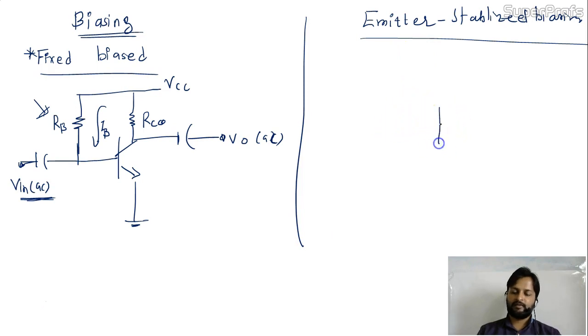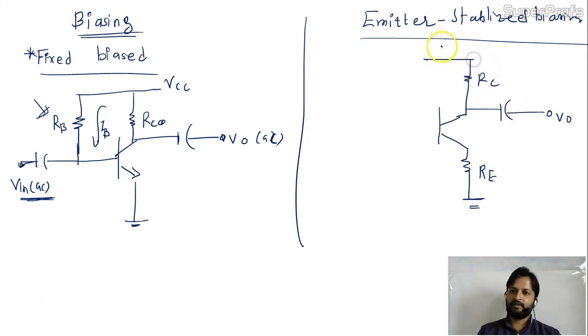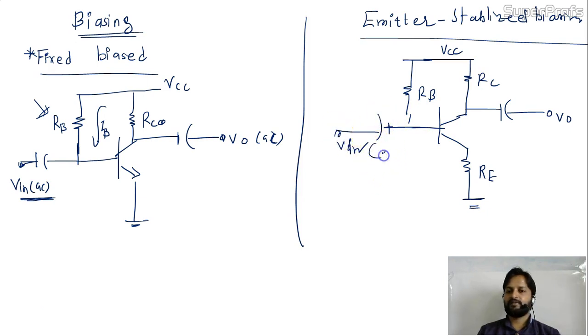In the emitter I introduced RE, which was grounded. This is the collector portion, where I'm taking V0, with RC, VCC, and RB as it is. Here we applied the input V in, which is AC.